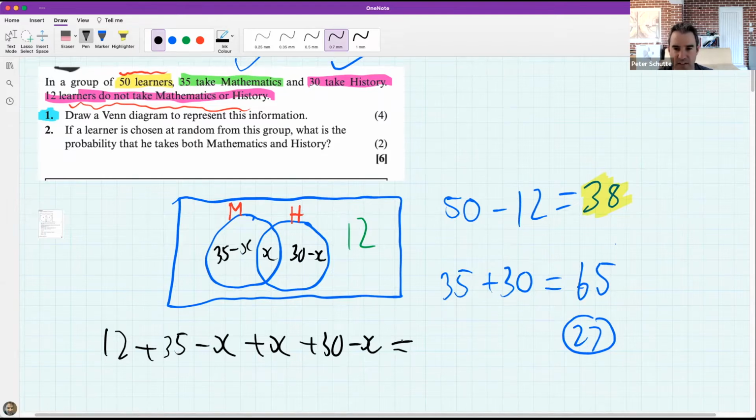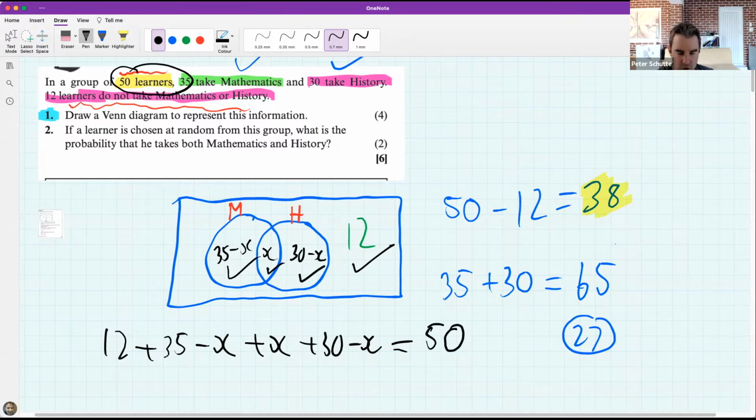What do you think that's going to be? I think I've added up all the regions in the Venn diagram. And what do we know the total is? It's going to be 50. Yes.